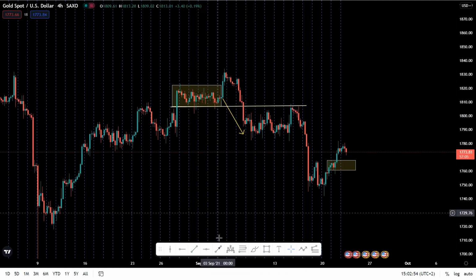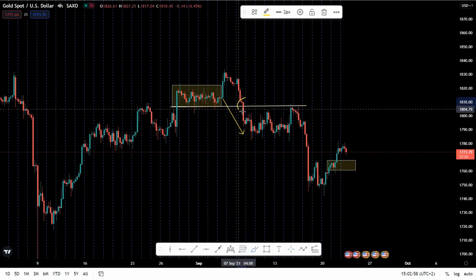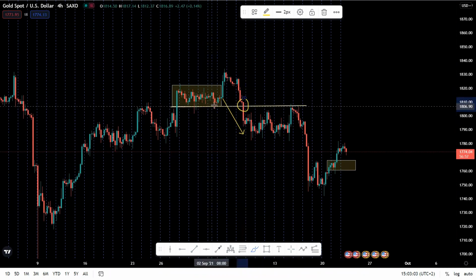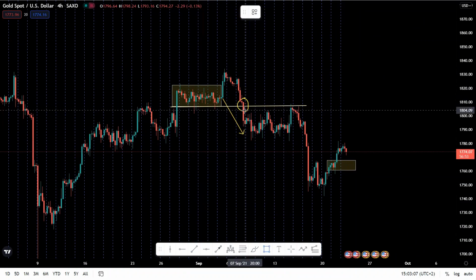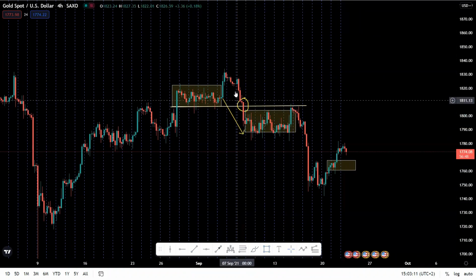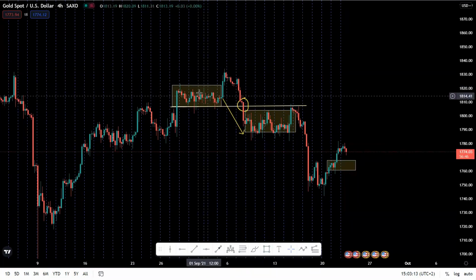And just right here, we can see that the market broke that structure and came below where it created its structure. Now we have to look for the reason why this structure was broken.